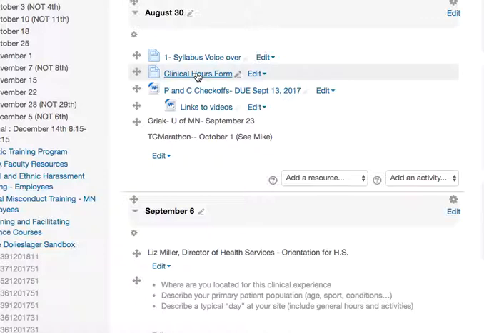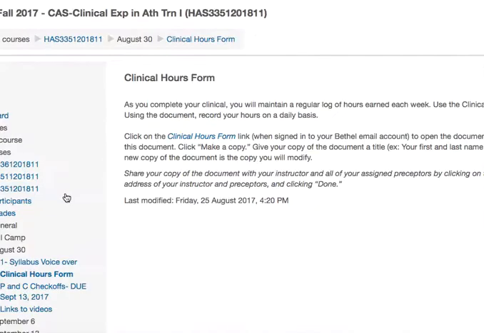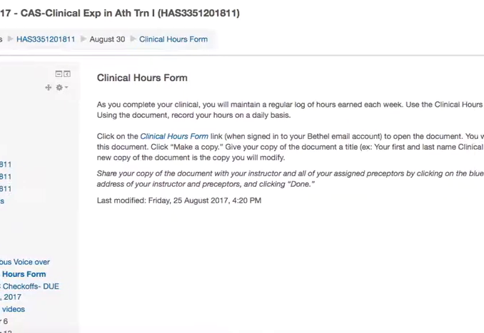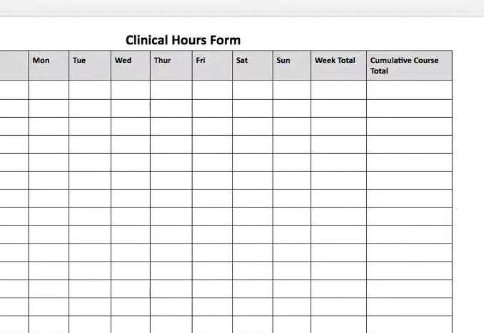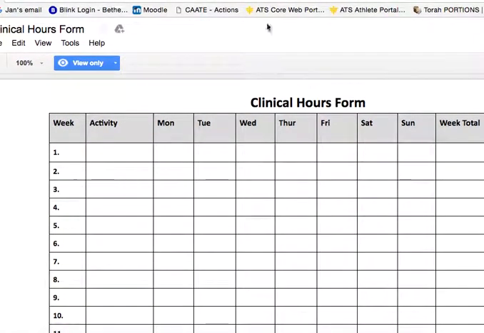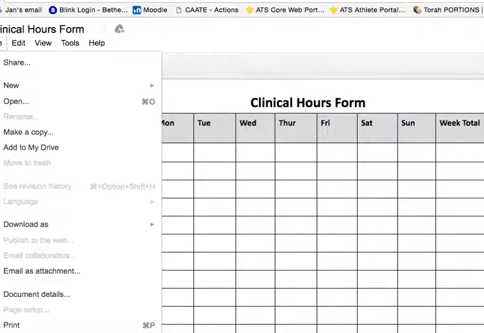So here you click on clinical hours form, and it says that as you complete your clinical, you can maintain your log, use the clinical hour form. You can click on this link, right, and it will bring you into the form. And up here then you should do make a copy.